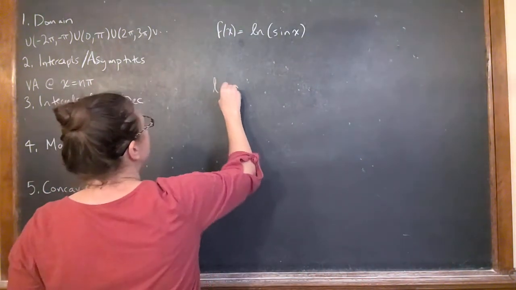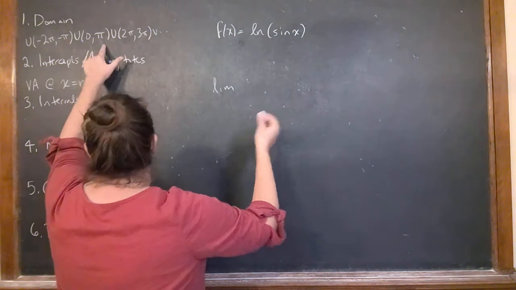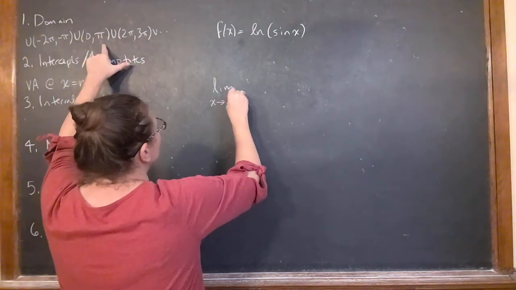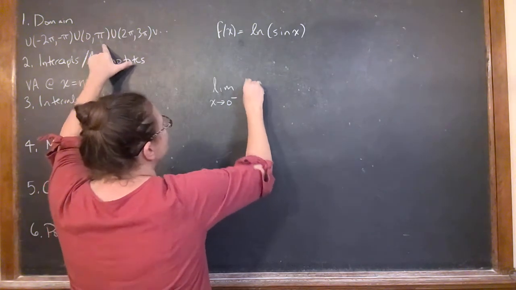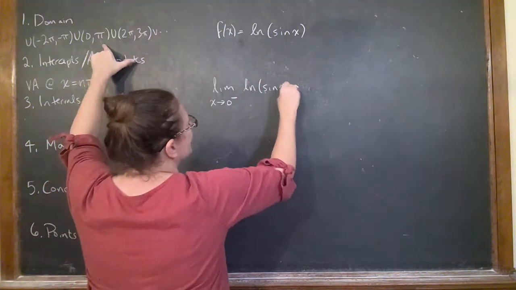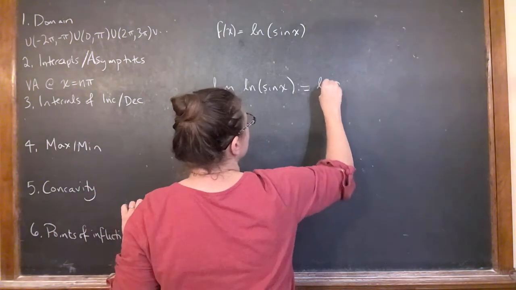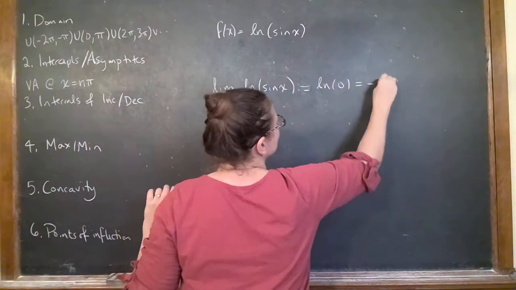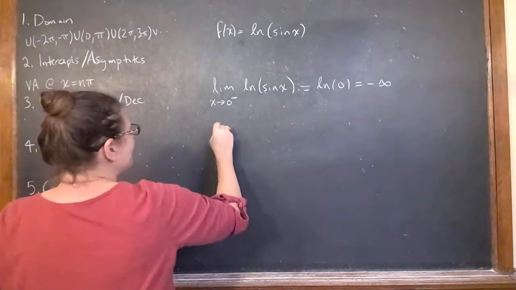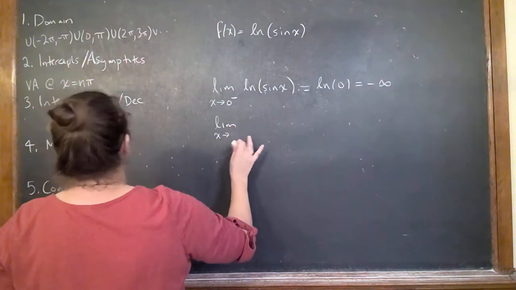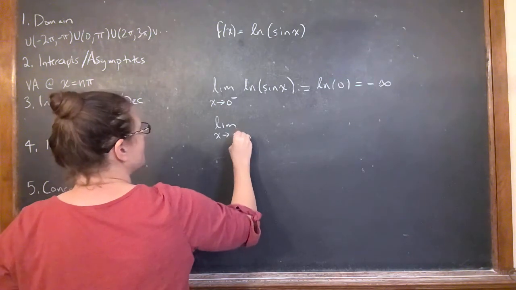Okay, so let's write that down in a little bit better way. Let's concentrate just on the first one for a minute. The limit as x goes to 0 from the left of natural log of sine x is going to be like natural log of 0, which goes to negative infinity. And then the same thing is going to happen on the right-hand side of my interval.